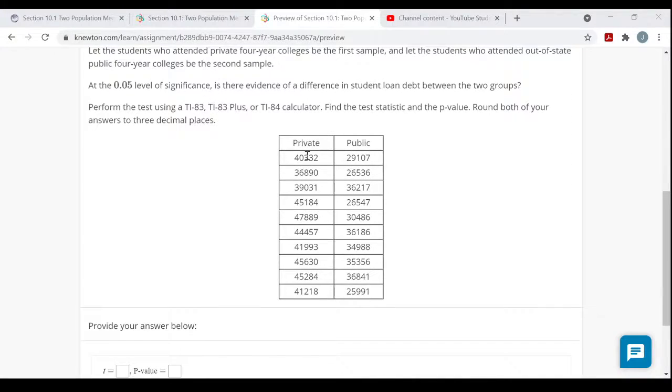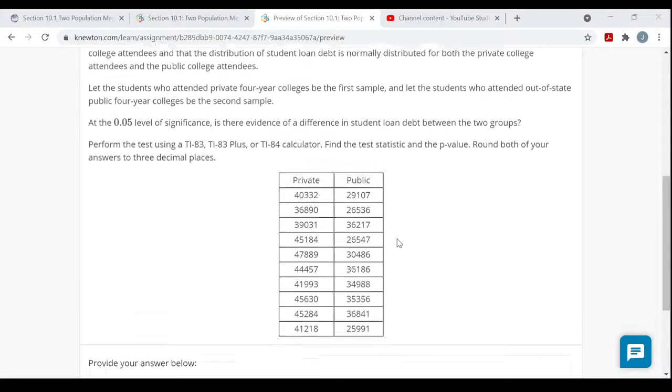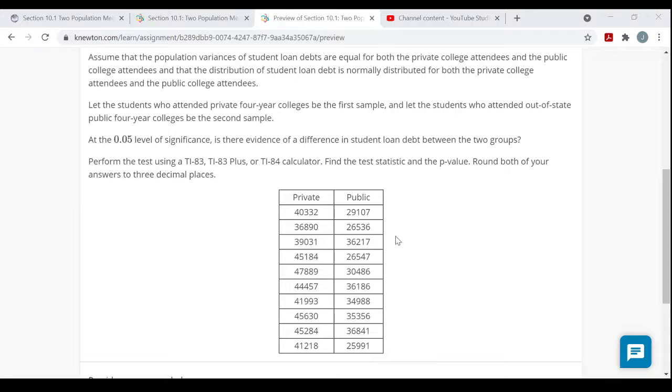So you're given the sample data. You're not given the sample mean or the sample standard deviation. You know how to find a mean and a standard deviation, so you could do that if you want, but we're going to be using the calculator here, entering lists of data and then having the calculator run a test for us.